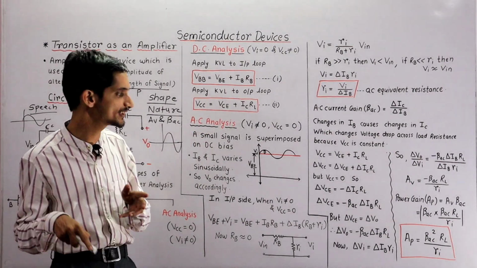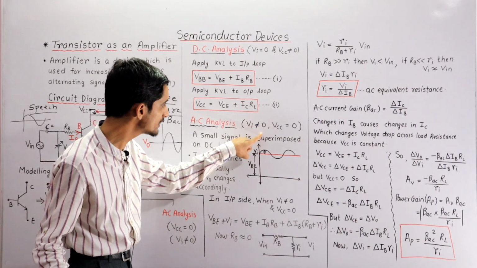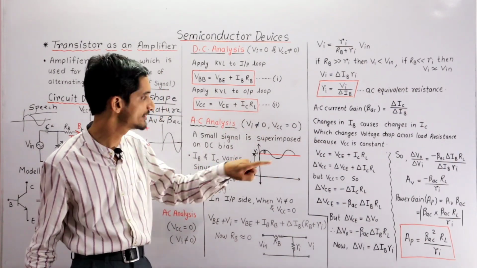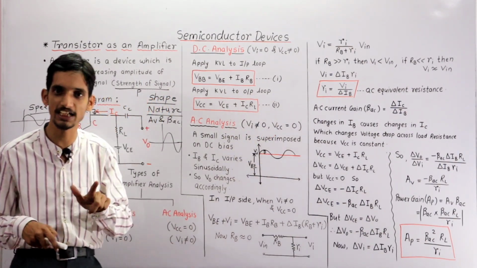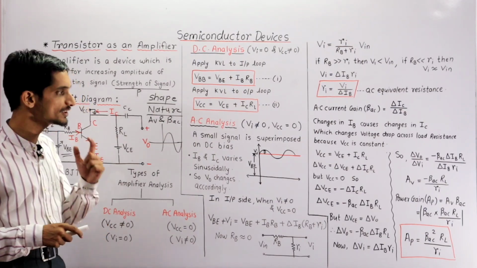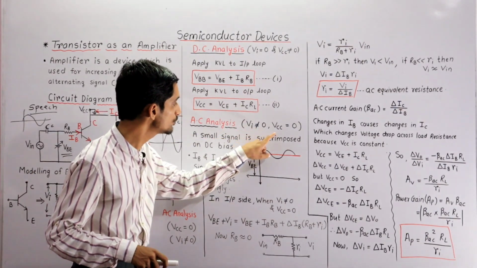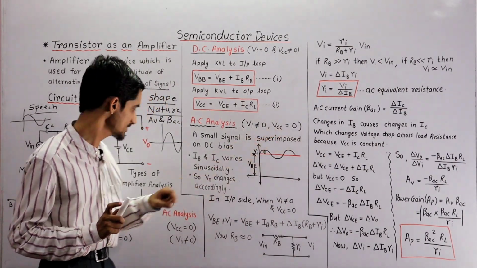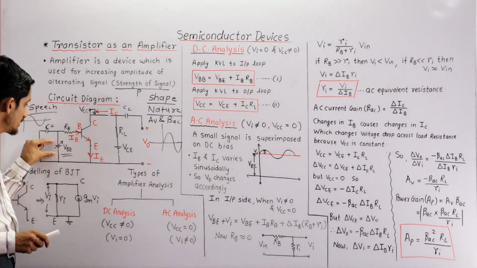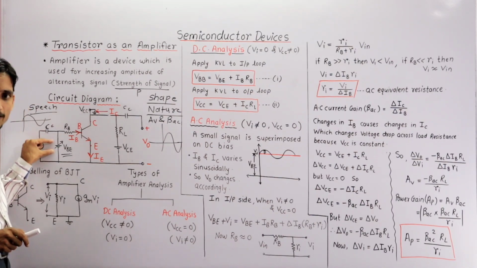Now I am going towards AC analysis. In AC analysis, as I already discussed, the input signal is not equal to 0, but the supply voltage VCC is equal to 0. Now there is one important question. Vi is not equal to 0 and VCC is 0, it's fine, but the input DC voltage is still present.